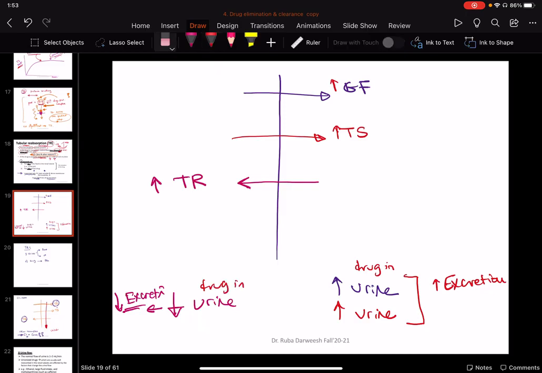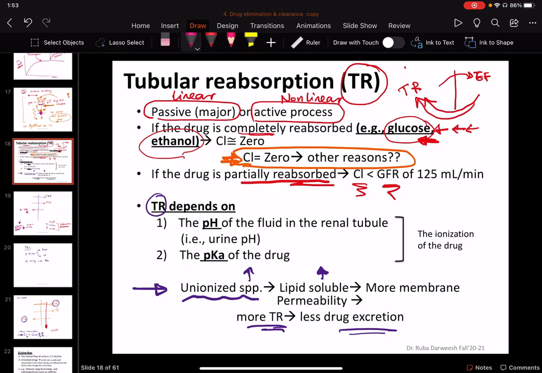Let me remove this. If we are talking about more drug in the urine, it means more excretion of the drug. Less drug in the urine means less excretion. So be careful whether I'm asking about excretion or the exact process, like tubular reabsorption. Why am I saying so?